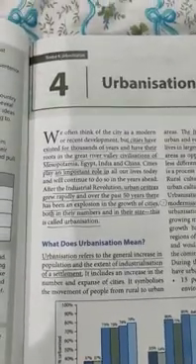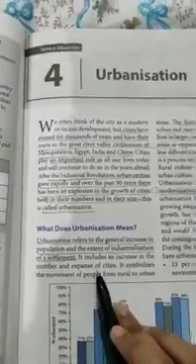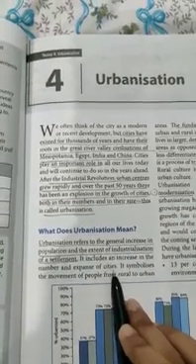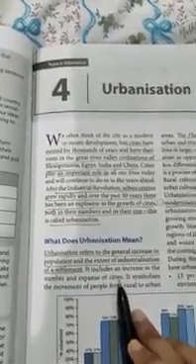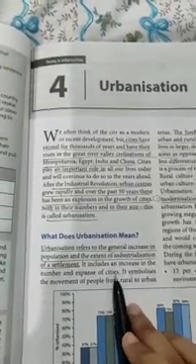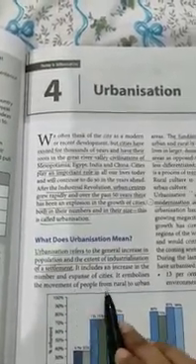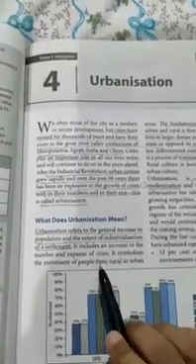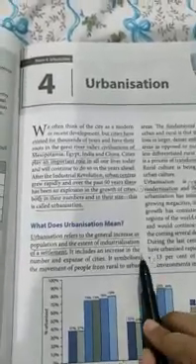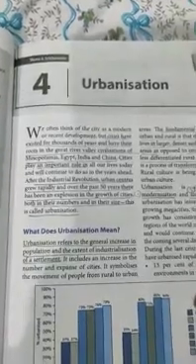It includes an increase in the number and expanse of cities. So increase in what? In the number and the expanse of cities. It symbolizes the movement of people from rural to urban areas. So the shift of population from rural to urban areas.